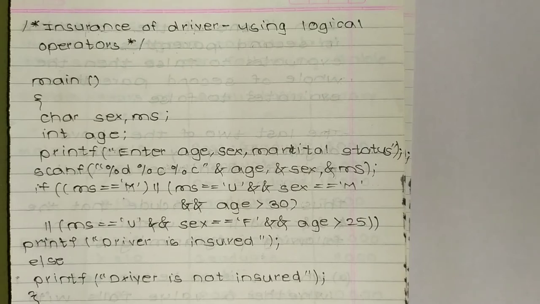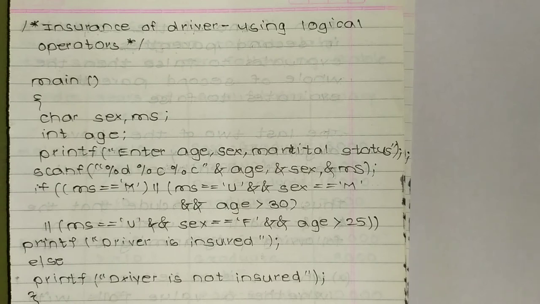Now printf enter age, sex, marital status, etc. So we are asking the user to enter these things, which was the same as example 2.5. Now scanf %d %c %c. So we are scanning those things. %d is for integer, %c is for character.